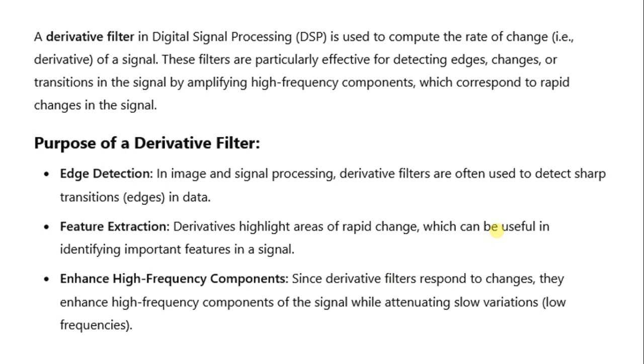So what are the applications of the derivative filters? Edge detection, feature extraction, and it enhances high frequency components. So what is an edge? How do you define an edge? How do you tell that this is the edge of the tip? What boundary?